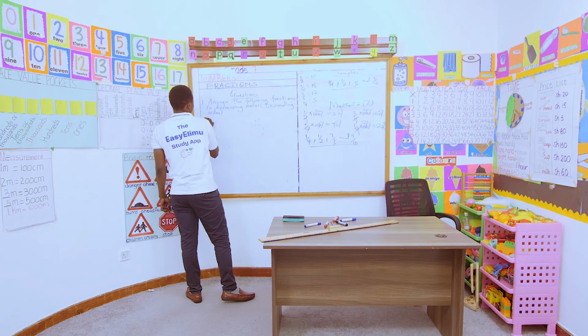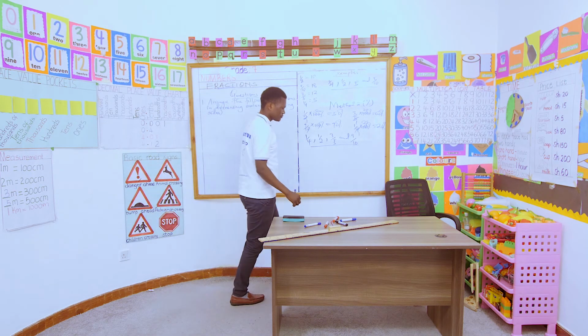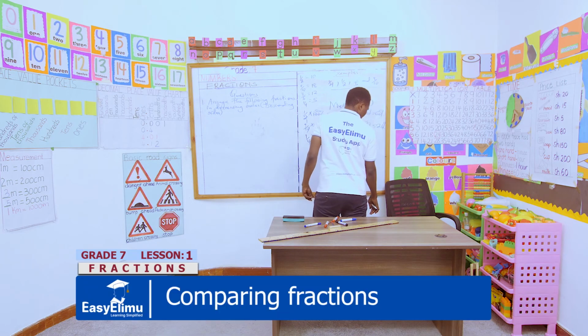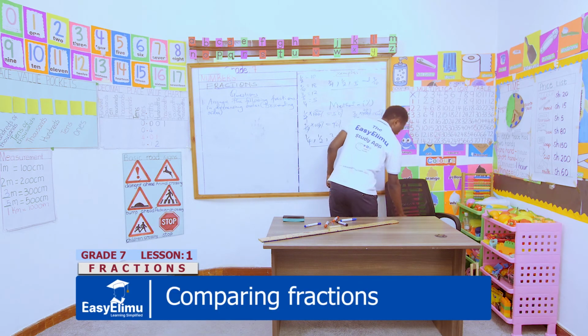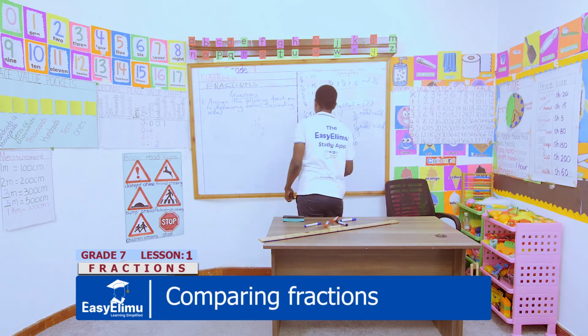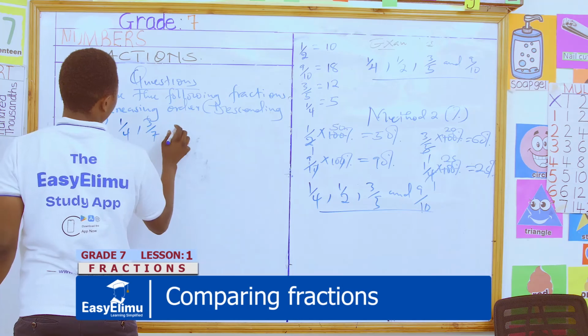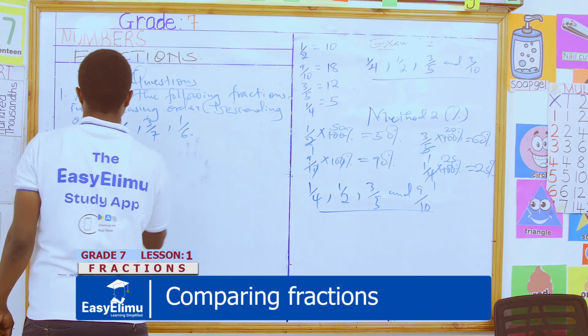So the fractions given are a quarter, 3 over 7, and 1 over 6.